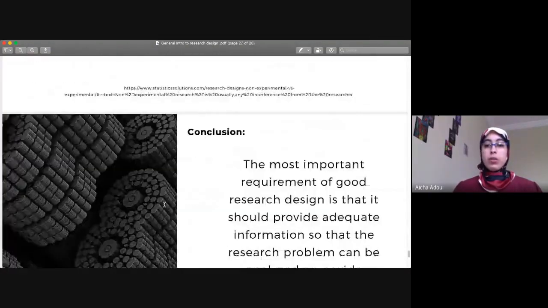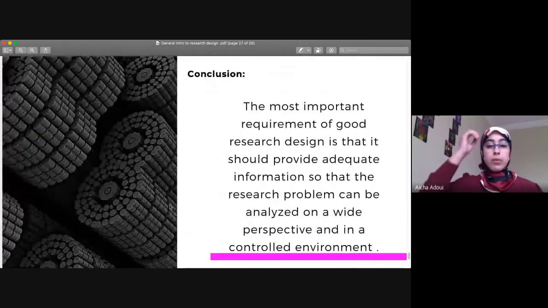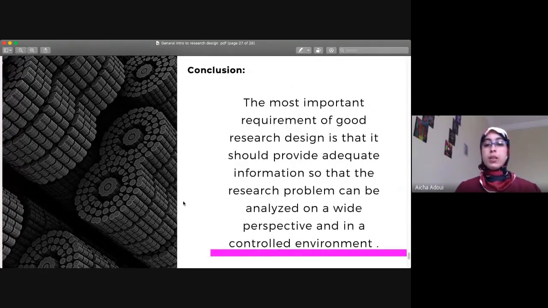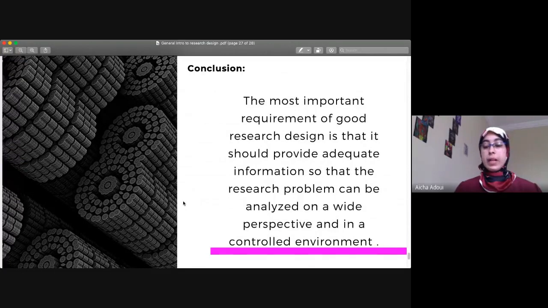Okay, just a quick conclusion. The most important requirement of a good research design is that it should provide adequate information, adequate data, so that the research problem can be analyzed on a wide perspective and in a controlled environment. Research design is going to help you know better about what you are going to do and how you are going to conduct your research.